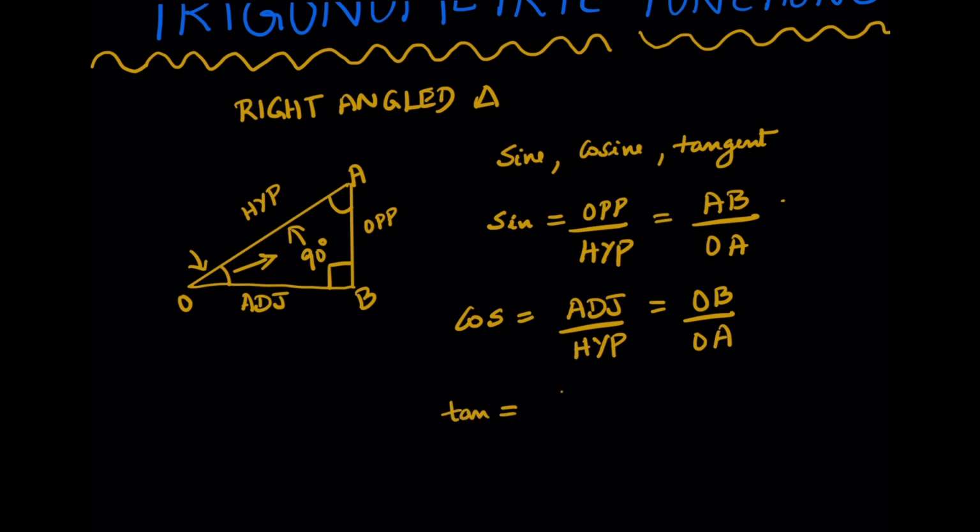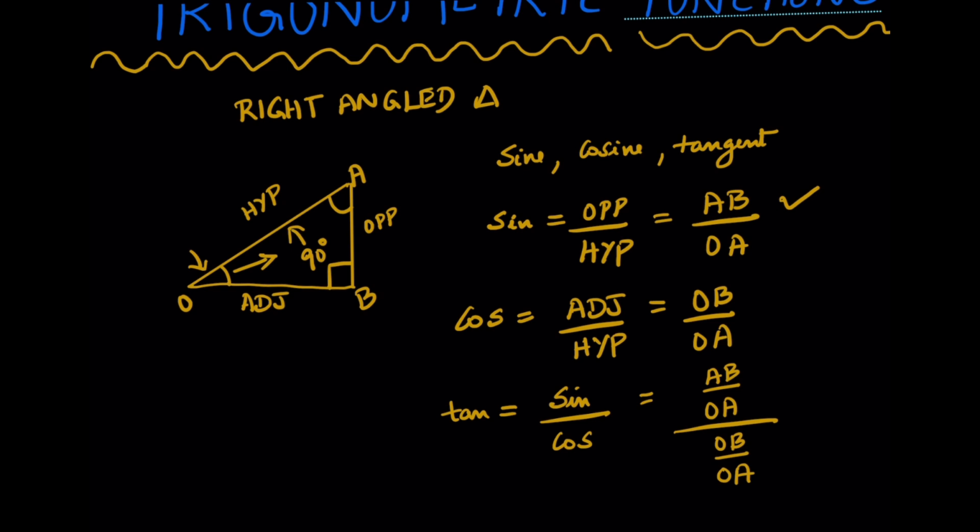So tangent is nothing but sine divided by cos, and in this case it will be AB by OA divided by OB by OA. Sine is nothing but AB by OA and cos is nothing but OB by OA.